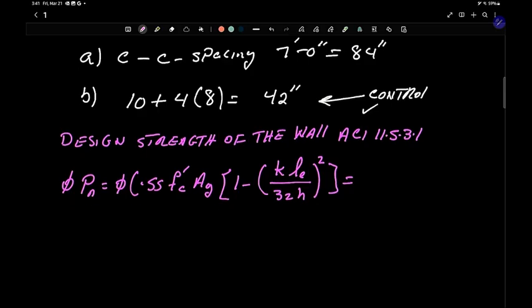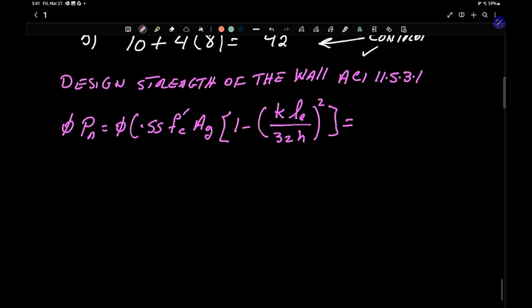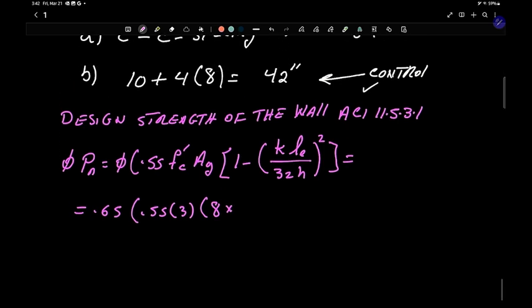And we're going to plug in all the numbers here. That will become phi Pn equal 0.65 times 0.55 times f'c, which was 3. And our area, you've got to be careful for the area. The area is going to be 8 inch, this is the wall thickness, multiplied by the other length, the number that controls, that 42 inch.